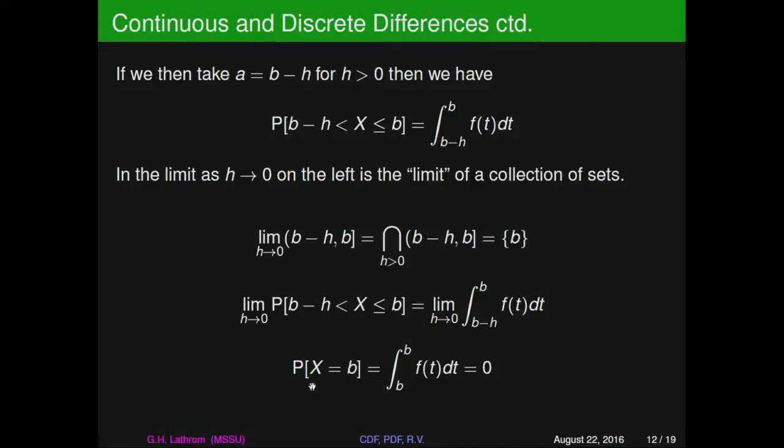Here we're starting with the CDFs, coming back down to the PDFs, and our PDF value at a particular value will always be 0 in the continuous case. So those are two very big differences between the continuous case and the discrete case.